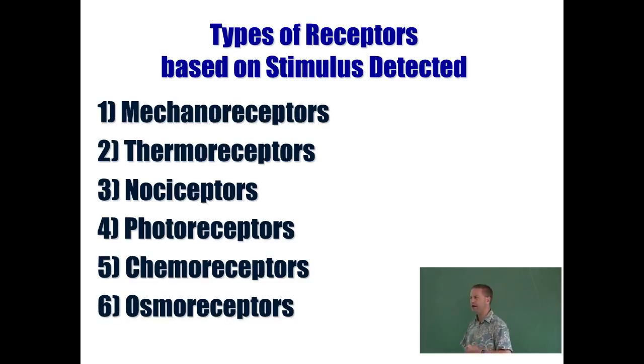Okay, so where in the body could we find a chemoreceptor? Yeah, that would be an interoceptor. Let's think more common than pituitary. What's another example of a chemoreceptor? Taste, right? Taste and smell.